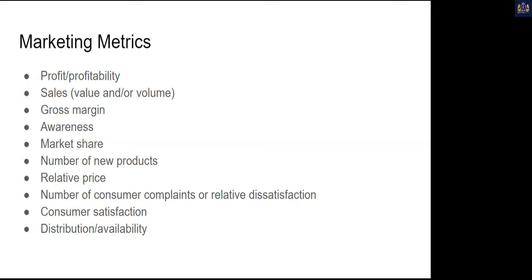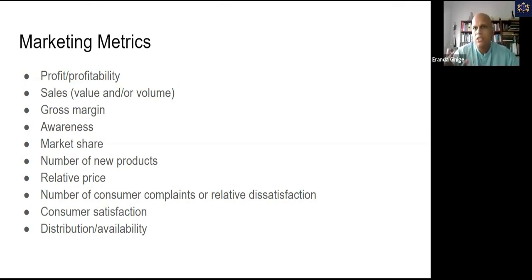Is that correct? Yes, correct. Right. So there you go. One way is to see the change in market share as a result of your marketing exercise.